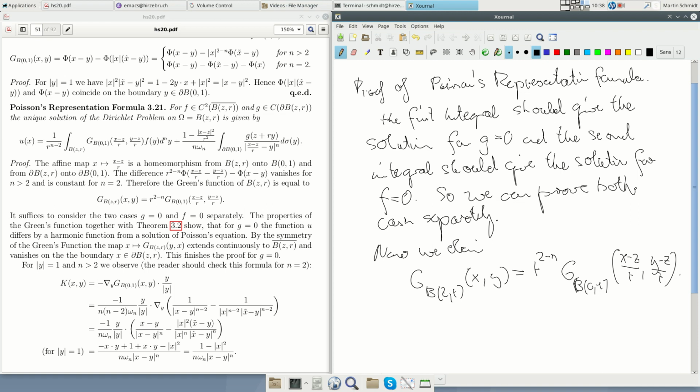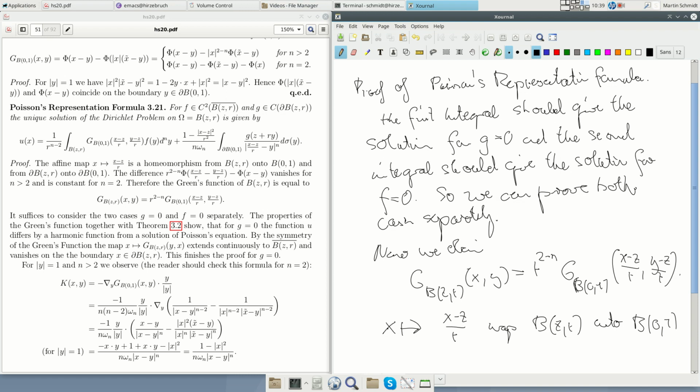Now, if we look at the map x going over to (x minus z) over r, this maps, of course, the ball with radius r around z onto the unit ball. Now this is clear.